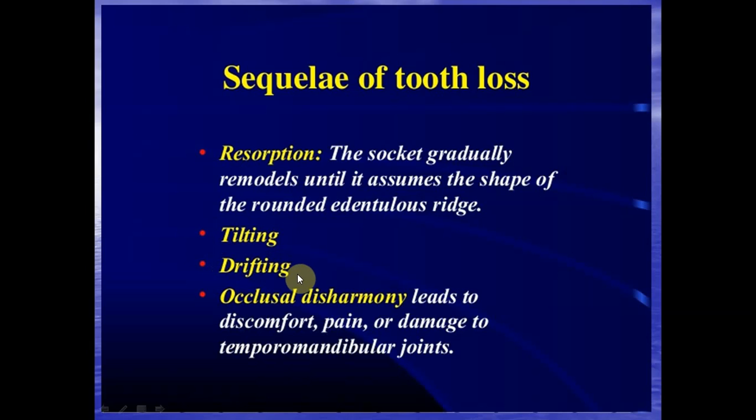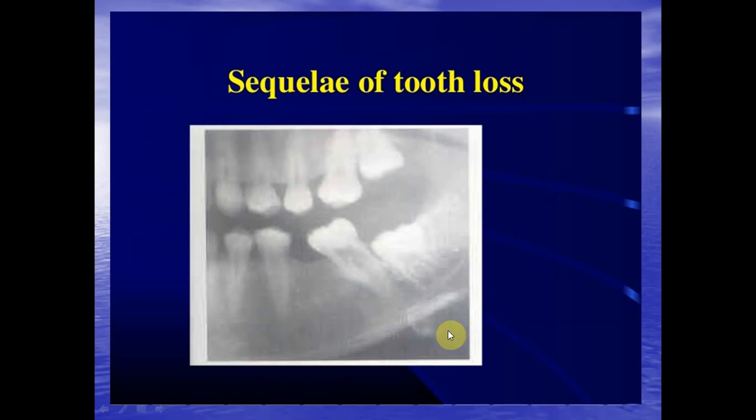So tilting and drifting, these are changes of position of the tooth. Definitely drifting is much better, but unfortunately it happens only at an early age. And occlusal disharmony, which happens because of the change of position of the teeth, leads to discomfort, pain and damage in temporomandibular joints.